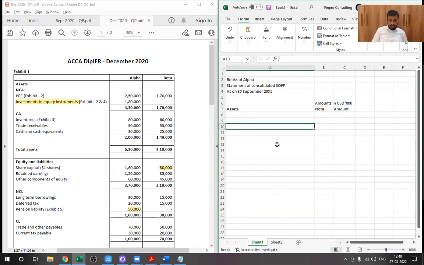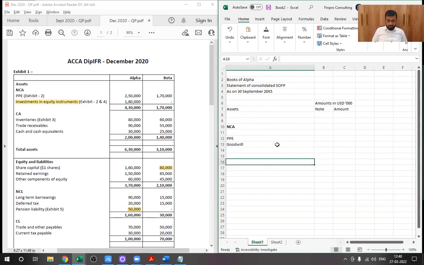In assets, you will have non-current assets. What you have already, you can write it down immediately. You have property, plant and equipment. Investments will go up, so you do not write the investments in equity shares of instruments. If there are any other, you can write, but there is goodwill also. We know that there will be goodwill in consolidated financial statements.